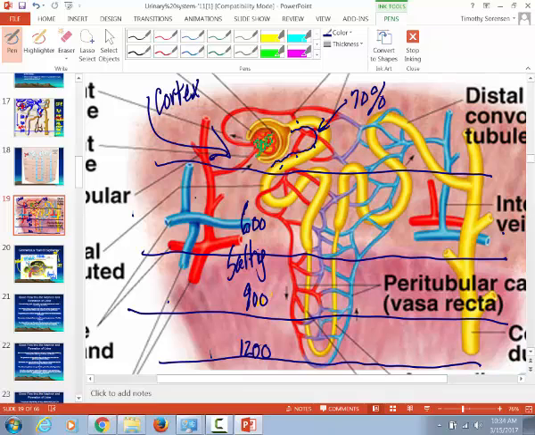The kidneys, and specifically the cells that make up these tubules, are loaded with mitochondria. Loaded. Because you have to actively pump a lot of this stuff back into the blood. Who's following this so far? And watch.